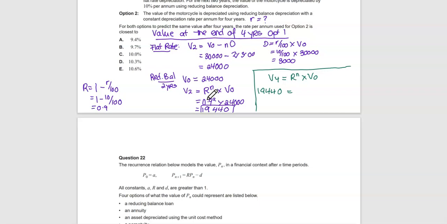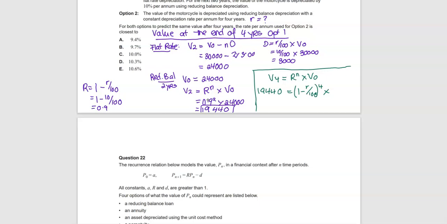Now we can just use that formula for R because that's what we want to know. So 1 minus little r over 100, and then that's how you find the big R, to the power of 4, because this was the value after 4 years, times the V0.